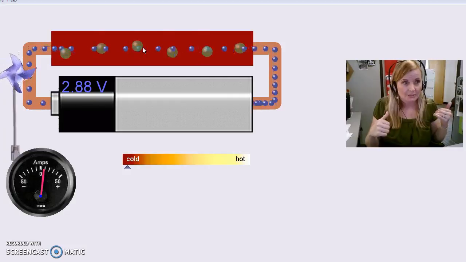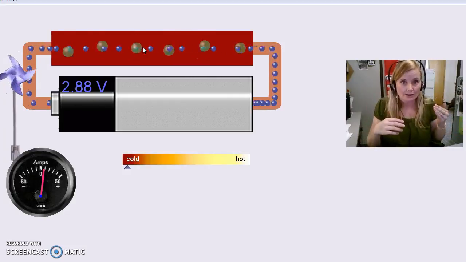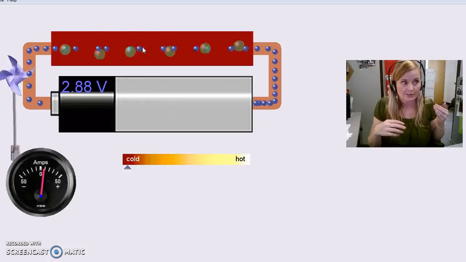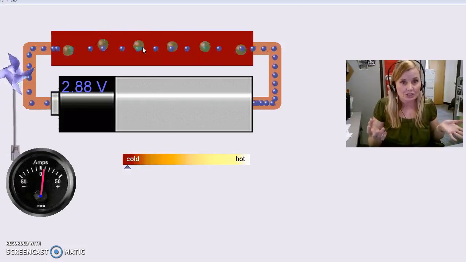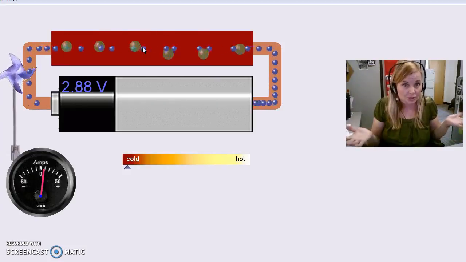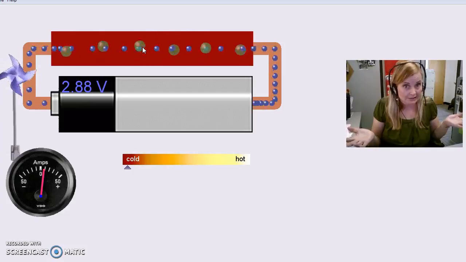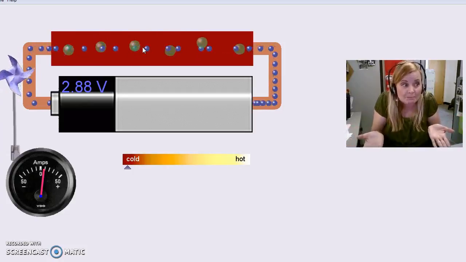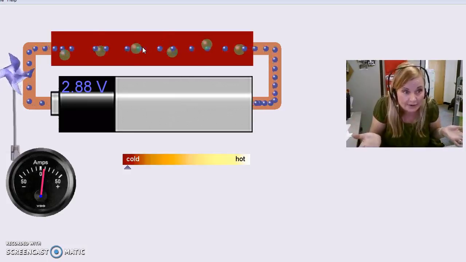So when you have an increase in temperature, you should have more kinetic energy, right? They should be moving faster. And if they have more kinetic energy, in theory, the temperature should change too, because that's what temperature is. It's a measure of the average amount of kinetic energy.